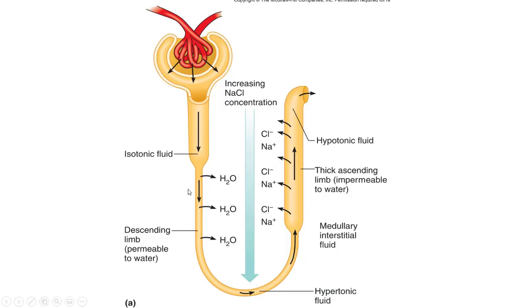So everything that was filtered and caught by the Bowman's capsule will travel on here, but then you're going to take out almost all of the water. When you get to this point, there's hardly any water left, but you're going to have all of the solutes, all of the solid parts that are still there. That's why it's a very highly concentrated solution.